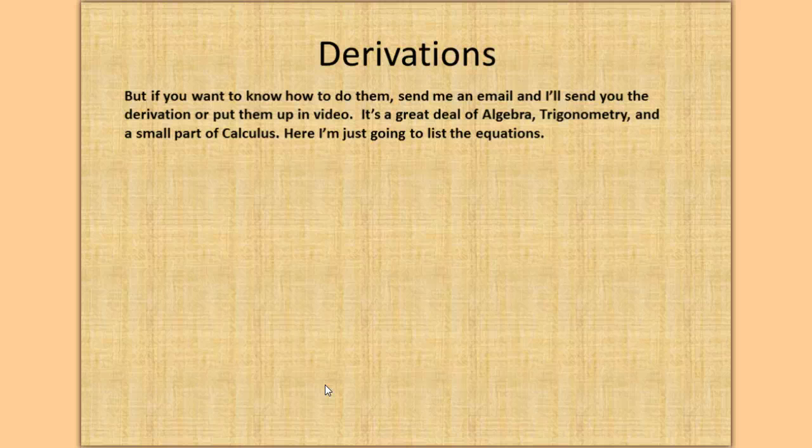It's a great deal of algebra, trigonometry, and a small part of calculus. Here, I'm just going to list the equations. The derivations you see me list here took about 18 pages or more.